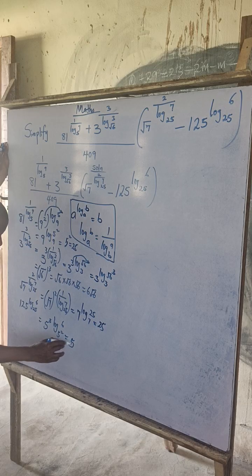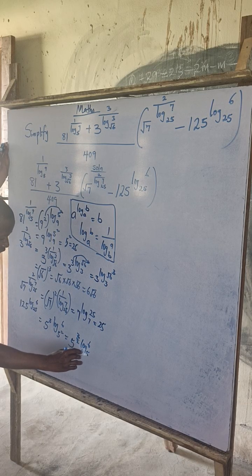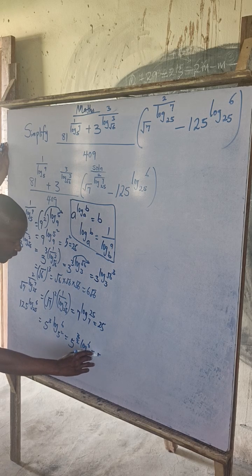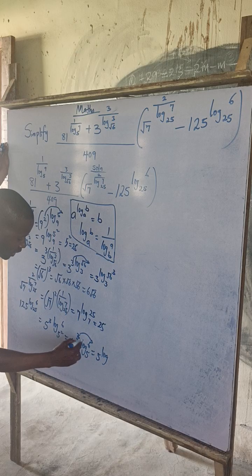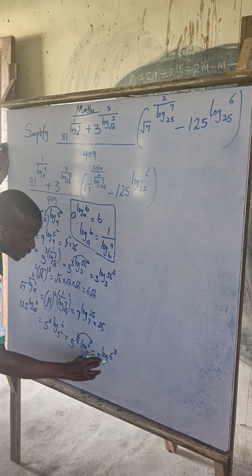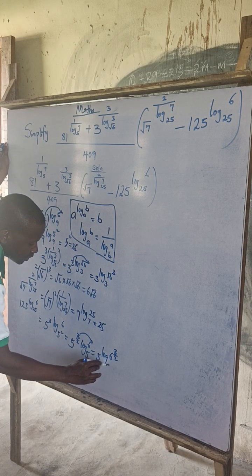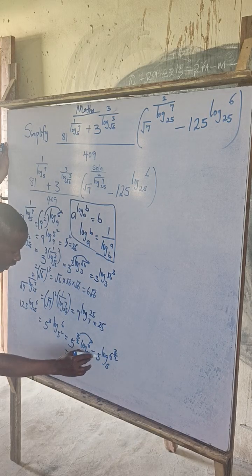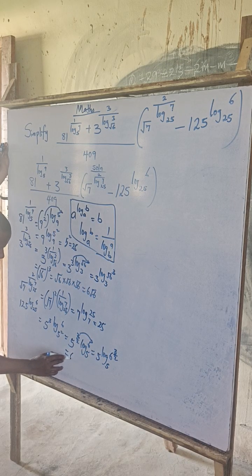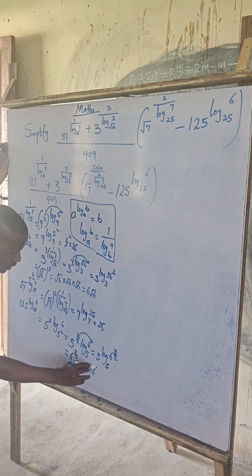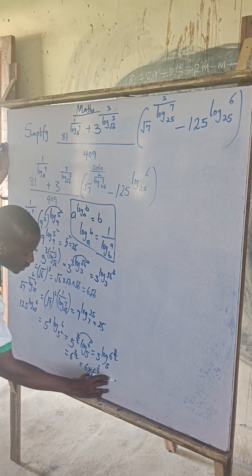We have 5 raised to power 3 over 2, then log of 6 to base 5, which equals 5 raised to power log of 6 raised to power 3 over 2 to base 5. This will give us 6 raised to power 3 over 2. We can read it as 6 times 6 raised to power a half, which is also equal to 6 root 6.